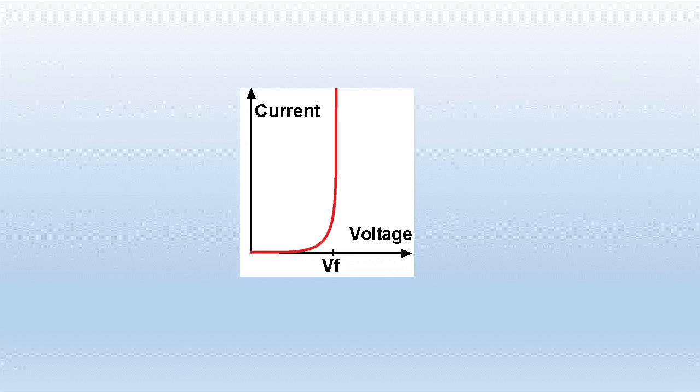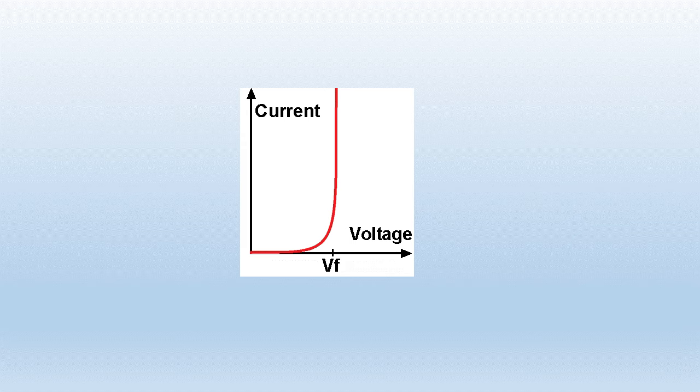Have a look at this chart of voltage against current. When the diode is forward biased, little current will flow until the voltage reaches a critical point known as the forward voltage. It's on the chart marked as VF, forward voltage. At that point, the diode is forward biased and maximum current can flow.